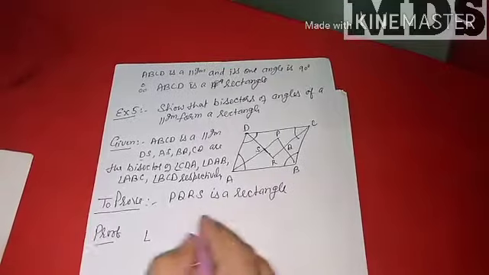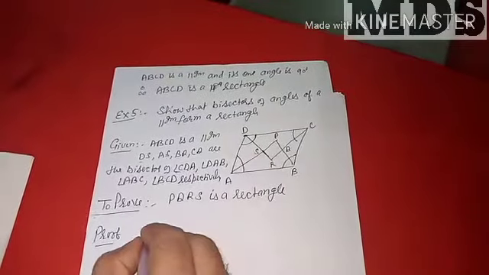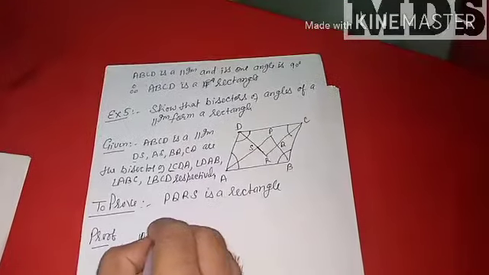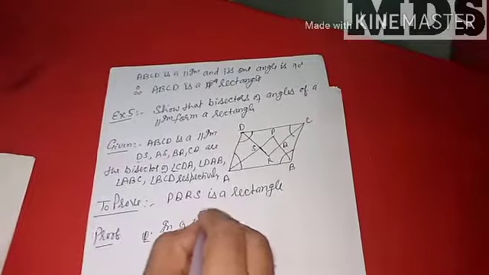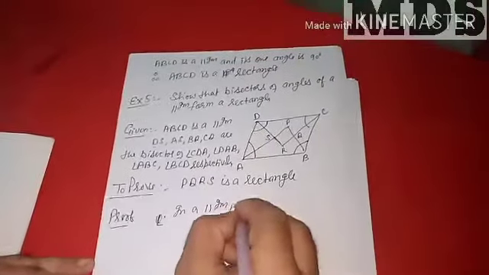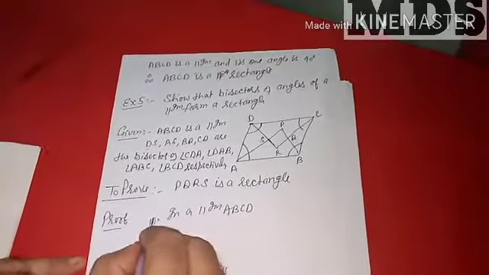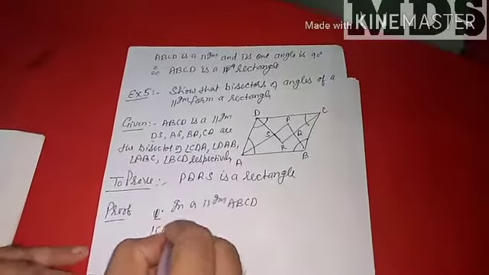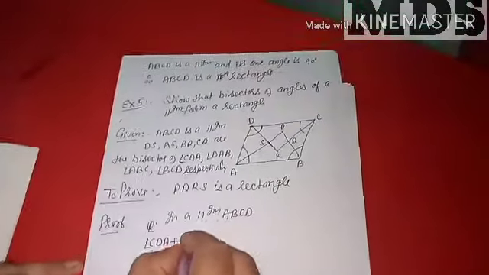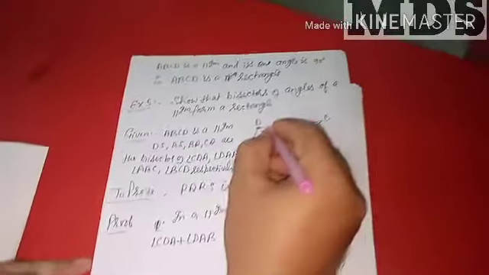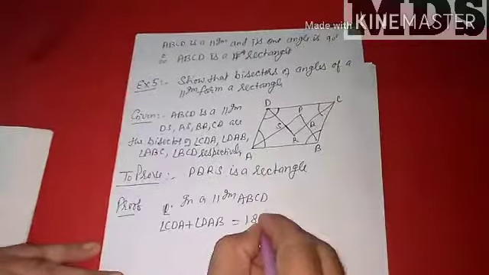Angle in a parallelogram. Which parallelogram? ABCD. Angle CDA plus angle DAB. This complete angle plus this complete angle is equal to how much? 180 degrees.